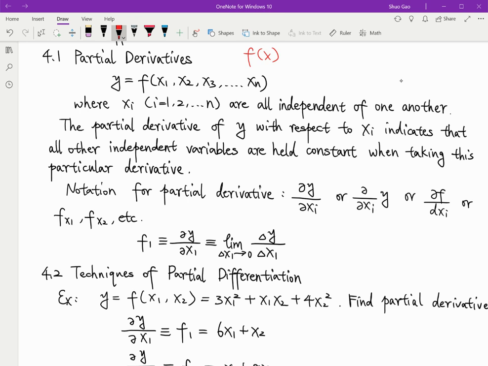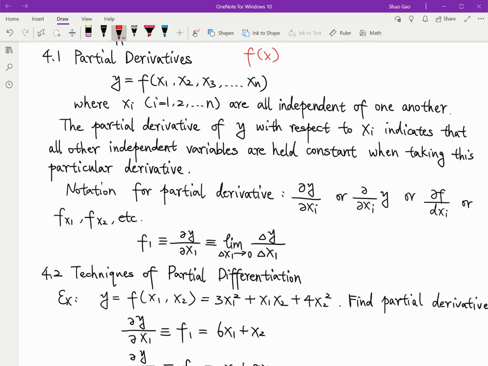And all the x's are independent of one another. The partial derivative means that all the other independent variables are held constant, and you only take the derivative with respect to a particular xi.